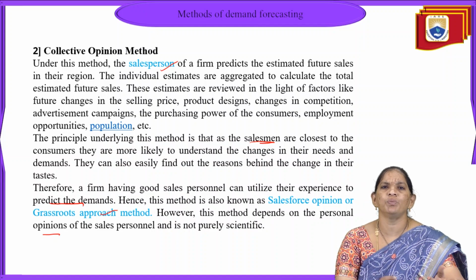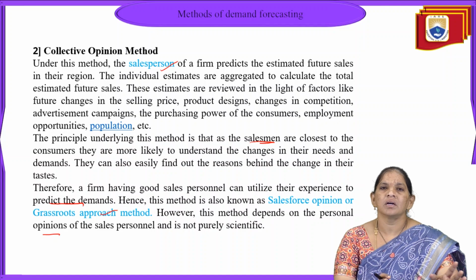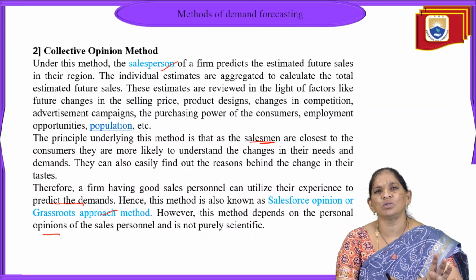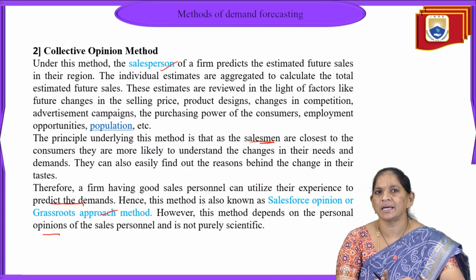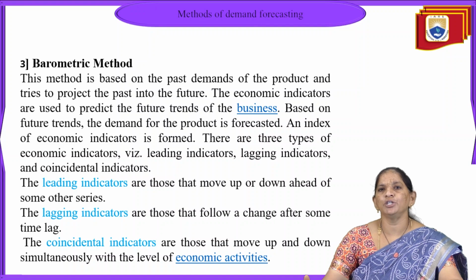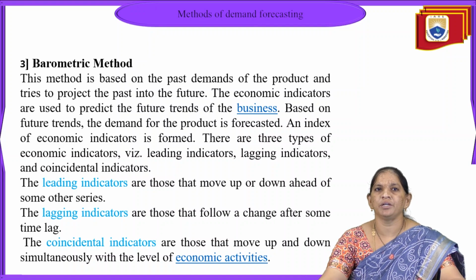Maybe that is one person's opinion, but not all the people's opinion. So the collective sales force method also gives personal bias, which is not at all purely scientific. And the third method relating to this qualitative analysis is the barometric method.